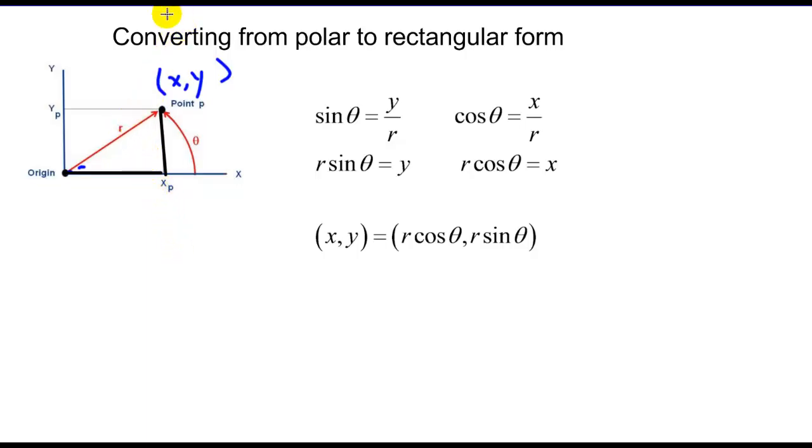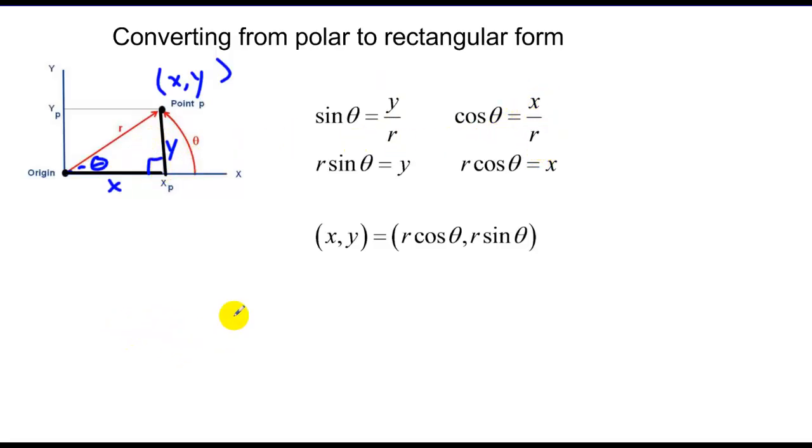And since we have a right triangle now, we can state that if this is x and y, we have a relationship relative to this angle using trigonometry. We can say that if I take the sine, I get y over r, and the cosine, I get x over r.